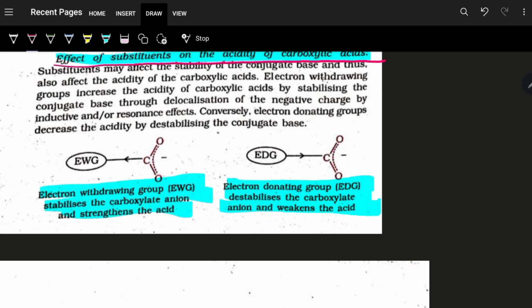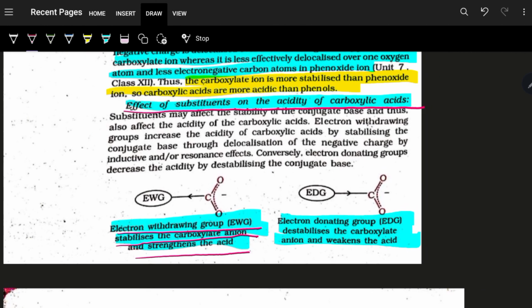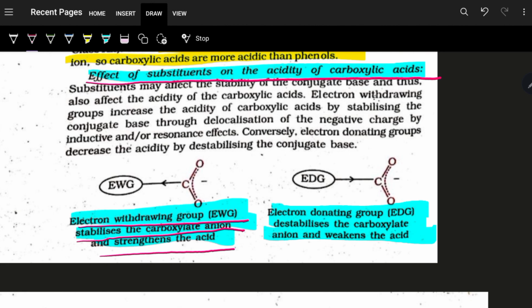Now, if there is any electron withdrawing group, then it causes better negative charge delocalization. Remember one thing, any factor that reduces the charge over the atom is delocalization, and any factor that increases the charge density over the atoms is destabilization.